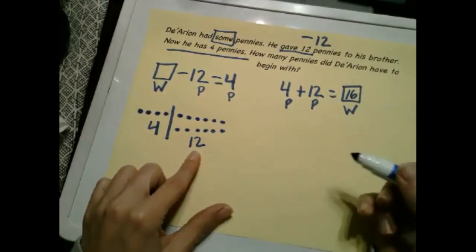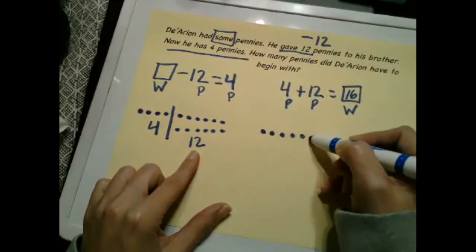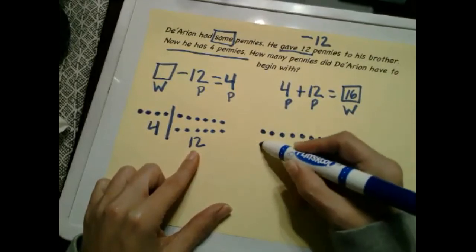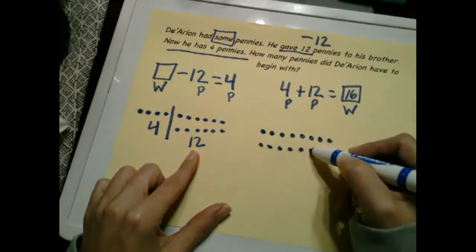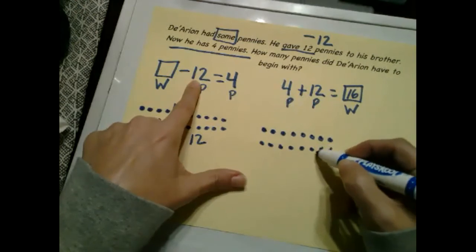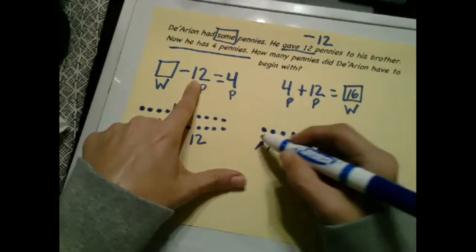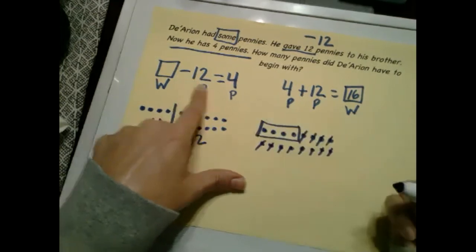I can check my work. I can put my 16. I can minus my 12. And I would have 4 left over.